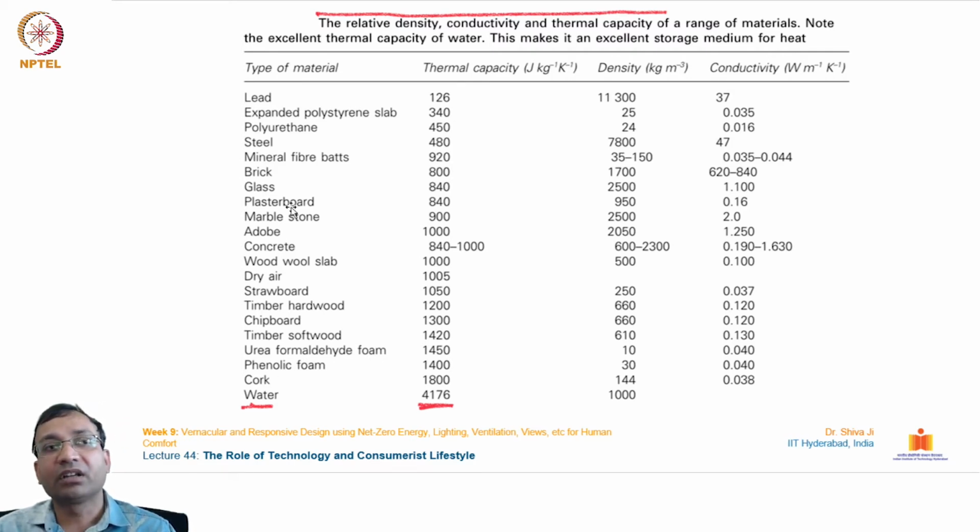Some other very familiar materials: you can see brick is around 800, glass almost 840, and then we have cork, an insulating material, at 1800, compared to the best man-made material. Cork is also a natural material, but adopted by humans for certain uses. Compared to even this kind of material, you see how plain water has almost double that of cork, even more than double.